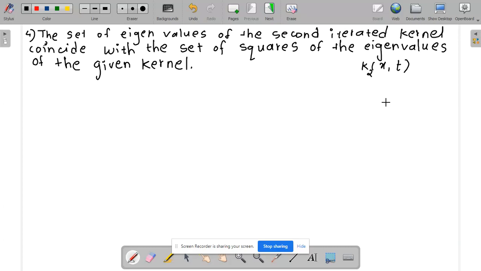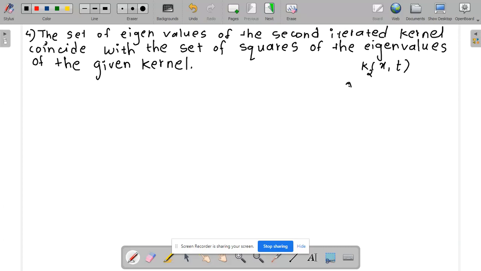So if we are talking about the eigenvalues of the second iterated kernel, this property tells us that there is some relation between the eigenvalues of the second iterated kernel and the eigenvalues of the given kernel, that is K(x, t). That relation is that the set of eigenvalues of this second iterated kernel is the same as the set of squares of the eigenvalues of the given kernel.